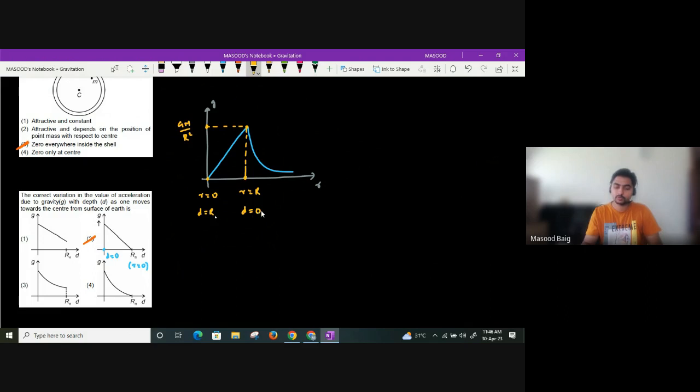So now we are moving from surface to center, means d is equal to 0 to d is equal to r. So what will happen, beta? G value with depth they are asking. So when depth is 0, what is G value? Maximum or not? And when depth became equal to r, what is G value? It is going to be equal to 0 again.